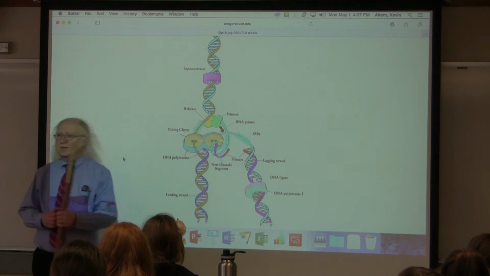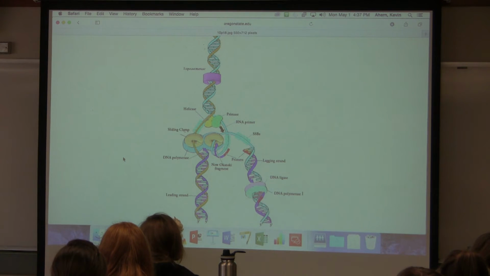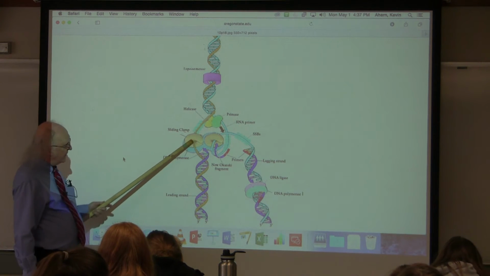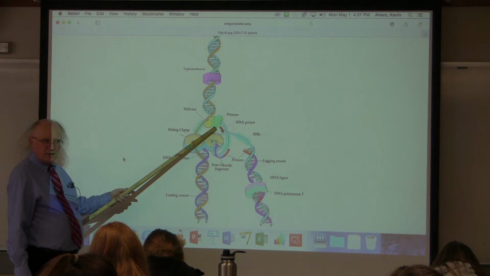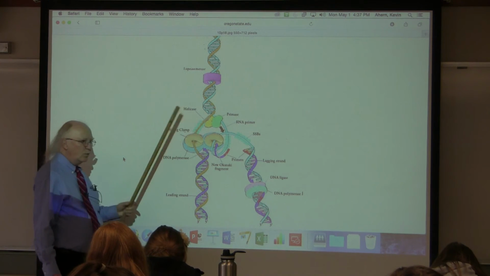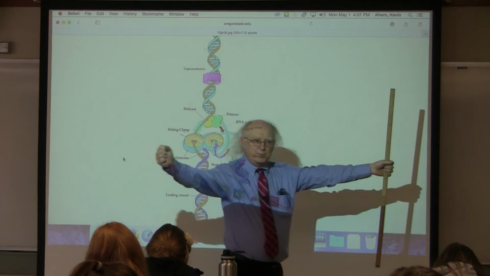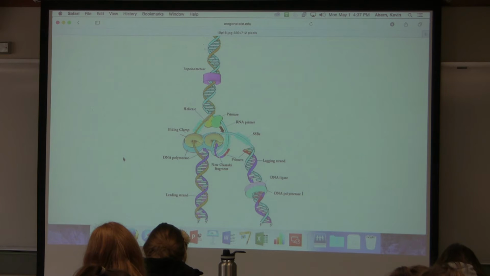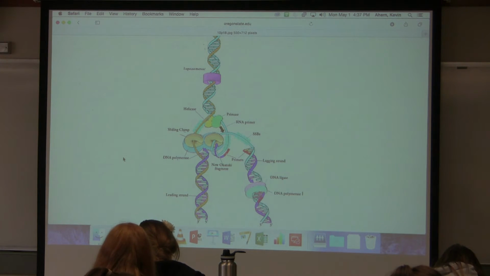Well, it turns out that something has to pull the strands apart for the DNA polymerase. There's a protein called helicase that is ahead of the polymerase that has the sole job of pulling the strands apart. That's all it does, is it pulls the strands apart. Now, helicase is another remarkable protein.